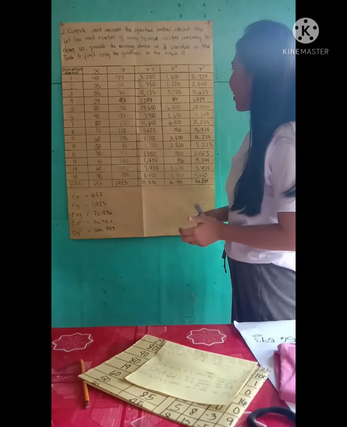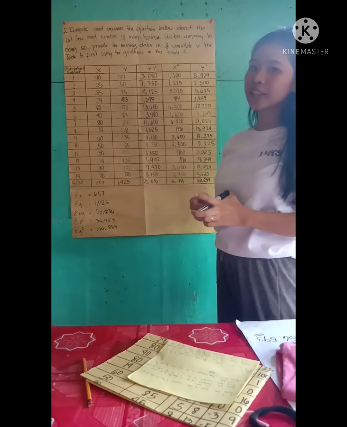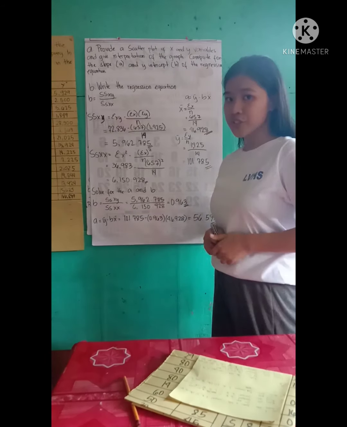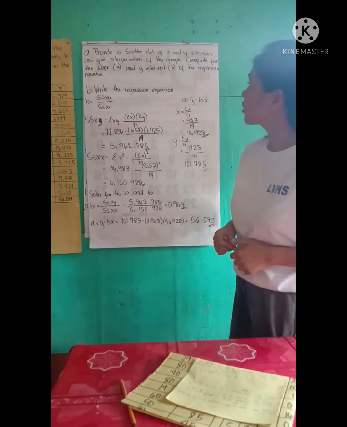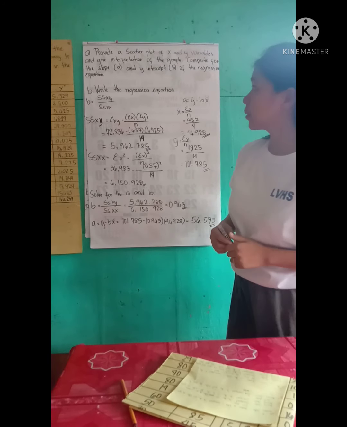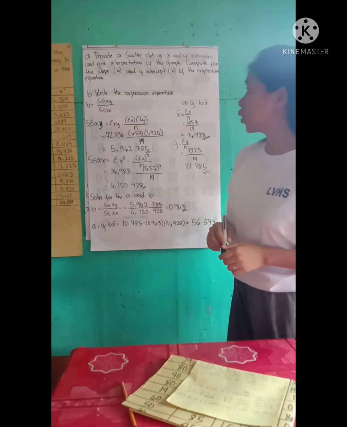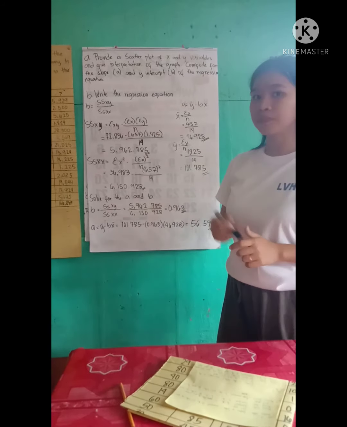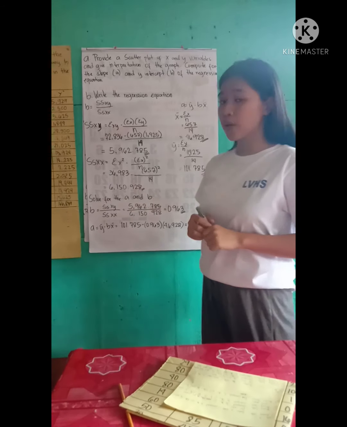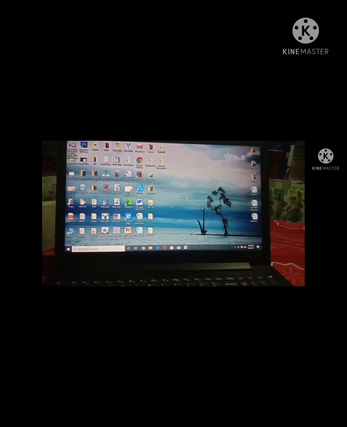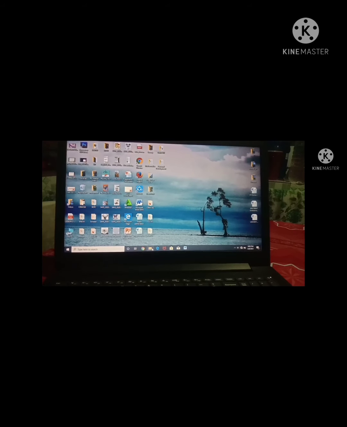So, as we already completed the table, let's answer the other question for number 2. For the question letter A, provide a scatter plot of x and y variables and give interpretations of the graph. Compute for the slope A and y-intercept B of the regression equation. I used Microsoft Excel to get the scatter plot of x and y.